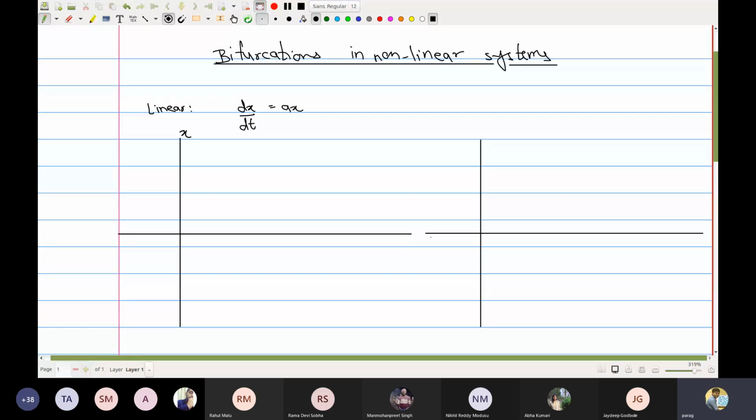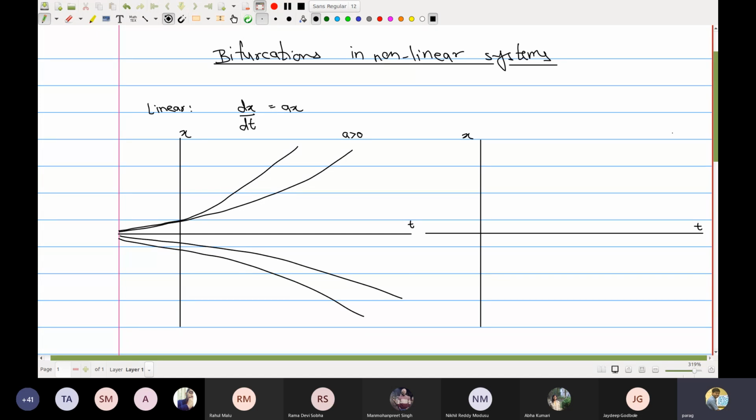This is x, this is t, this is x, this is t. And what we said is that for a greater than 0, your phase lines would look like this, which go to infinity. For a less than 0, your phase lines would all converge to x is equal to 0, right?